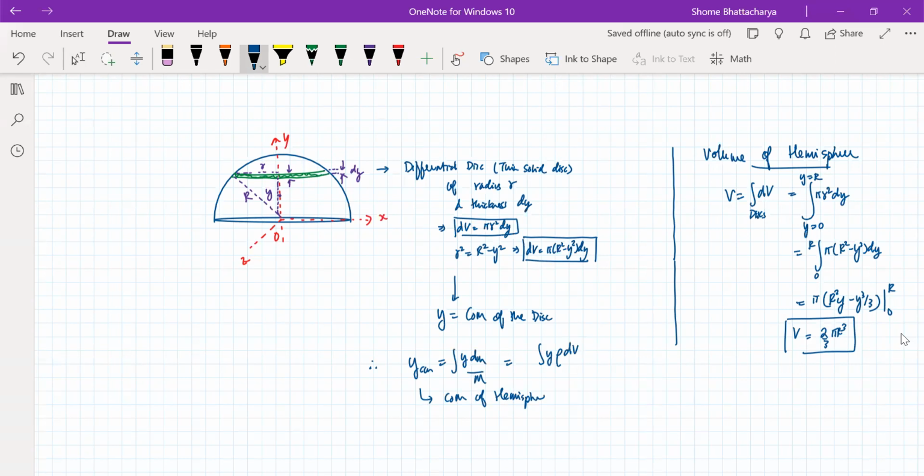So this dm, which is rho dV, will become 3m upon 2 pi r cube, that's your rho, into dV, which we have written above as pi into r square minus y square dy. So that can be written as 3m upon 2 r cube into r square minus y square dy.